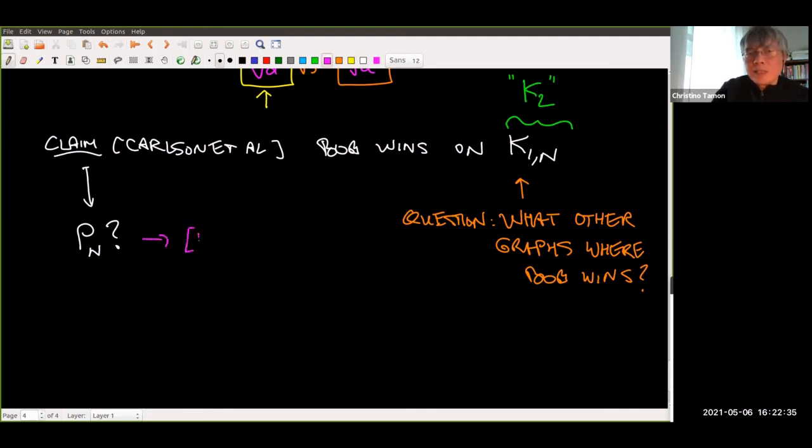There's a work due to Elster and K that looks at this. That's very interesting because it has something to do with inverse eigenvalue problems on essentially Jacobi matrices. But it's not conclusive actually whether Bob can win on all the paths.